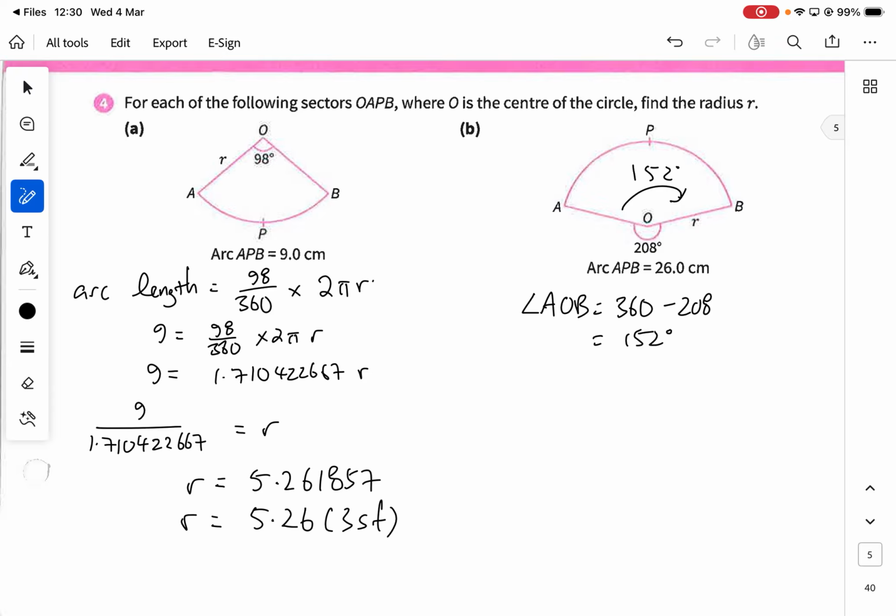Okay, those who are done, arc length equals to 152 over 360 multiply 2 pi r. The arc length is 26.